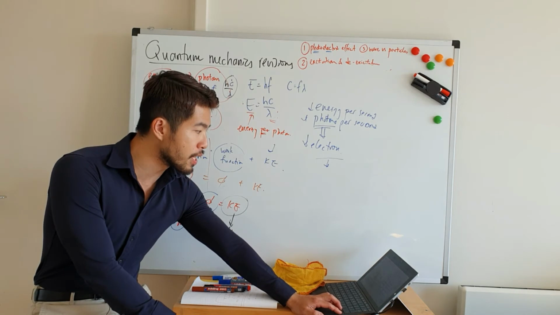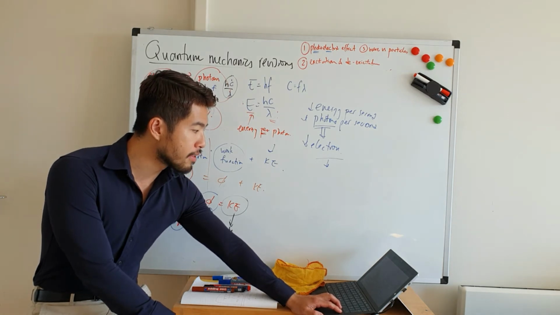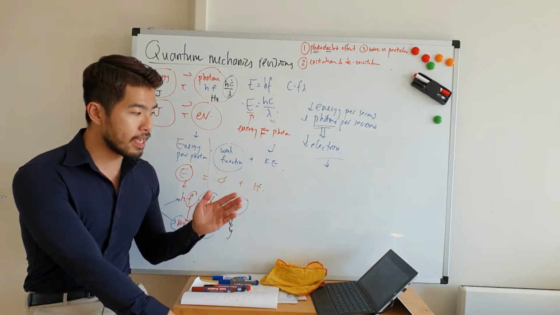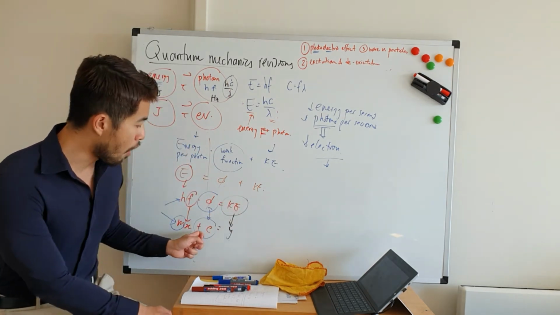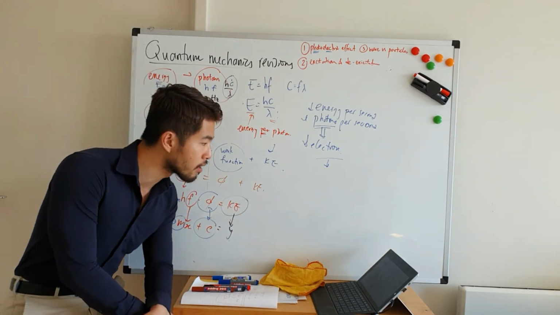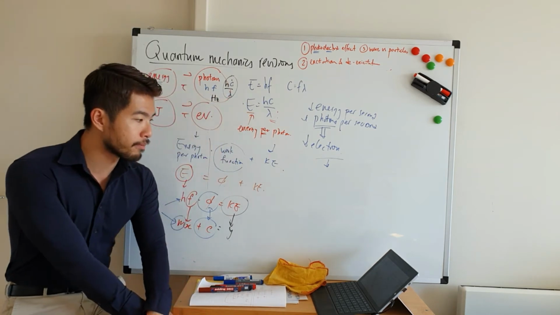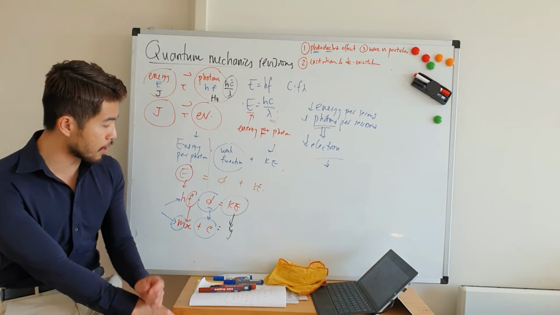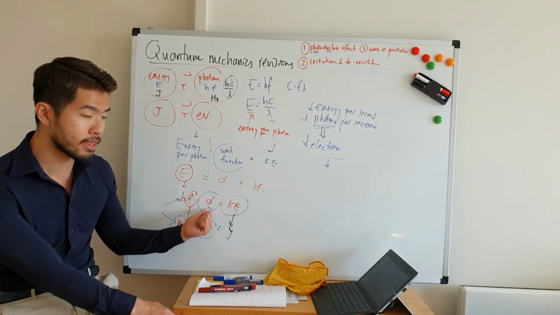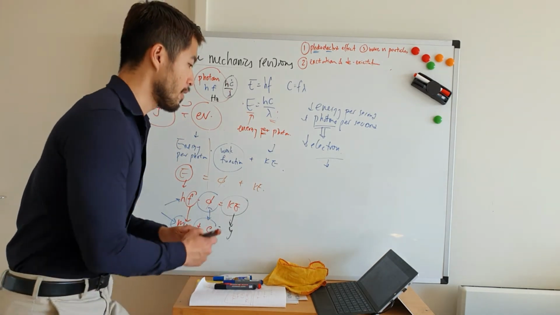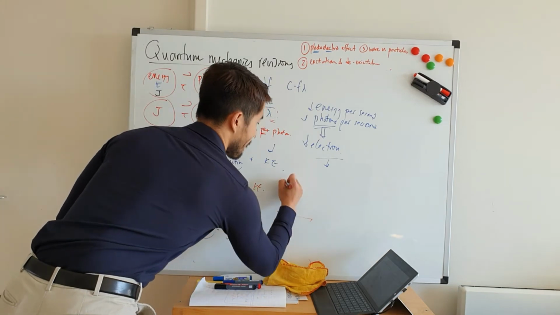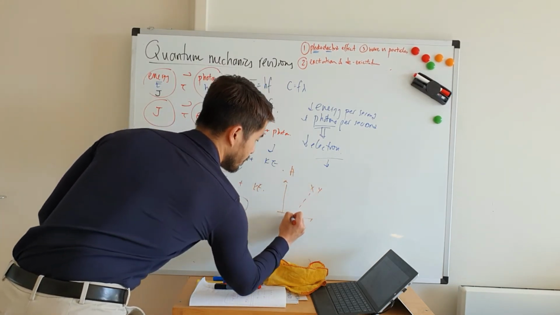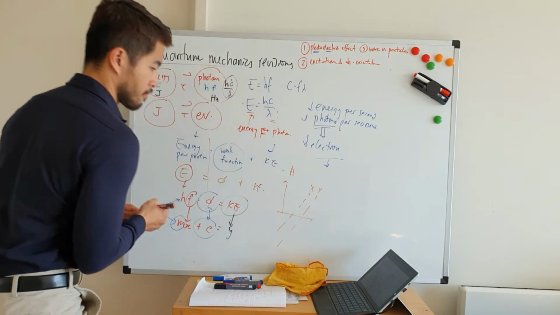So question 3, the answer is A, because in A the y-intercept of X is lower than Y. So Y has a higher work function than X because of the negative y-intercept. It's A, X and Y. X is here, Y is here.